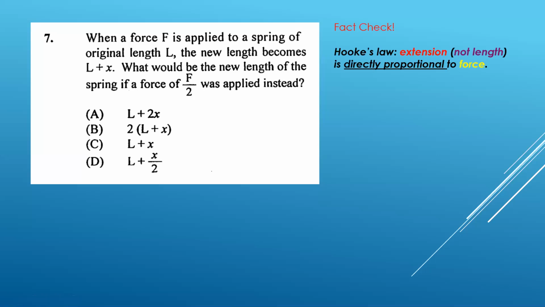Based on Hooke's law, we know that the extension is directly proportional to the force, not the length. So if you have half the force, then you should have half the extension. So it's x divided by 2 plus the original length. That would give you the new length. The answer should be D.